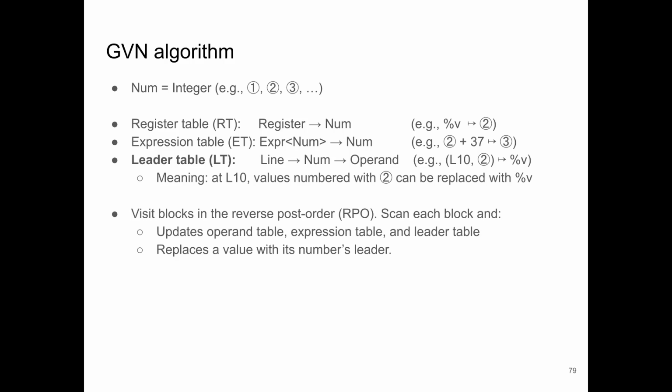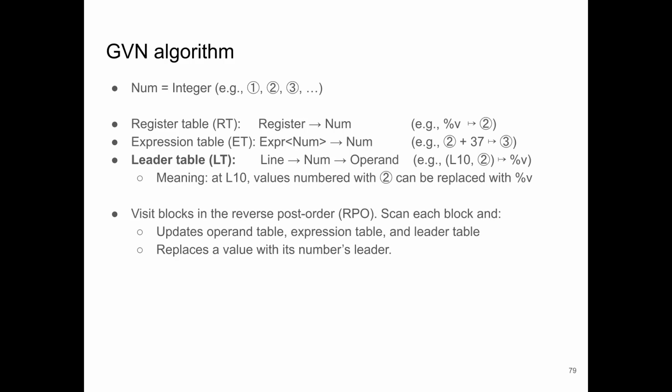Then we are going to assign a new number to this %v, and at the same time we are going to update the leader table by saying that at this line the new number's leader value is %v, because it is just defined, and after this line %v should have been defined before.